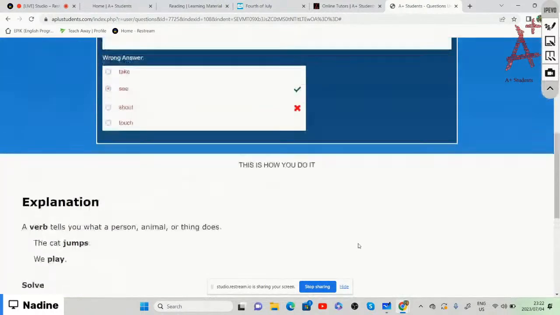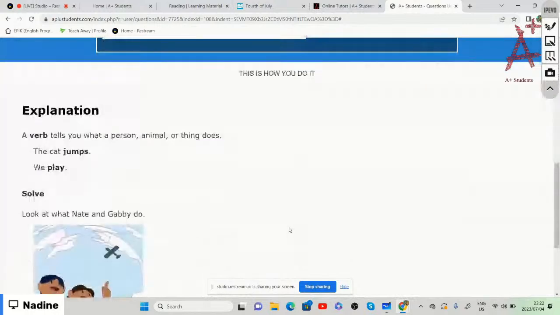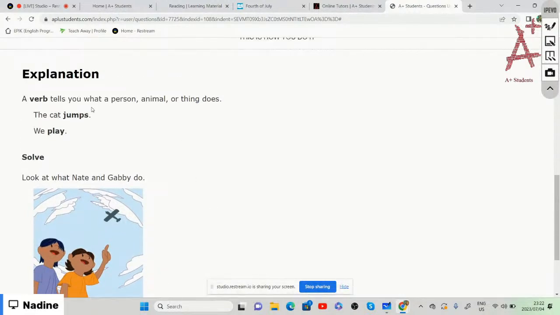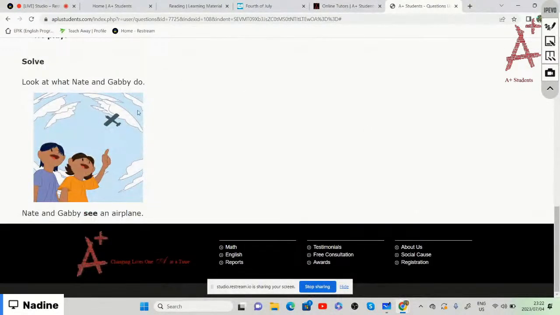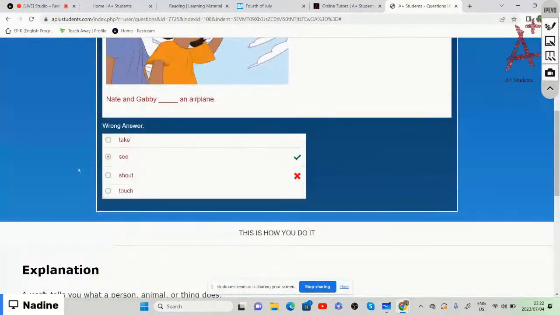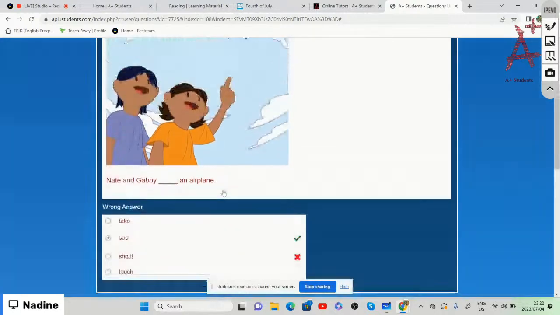So if you get something incorrect, then it will take you back to the tutorial, where it will explain once again that a verb is an action, or it shows what a person, animal, or thing does. And here it's showing us again the picture, which is Nate and Gabby see an airplane, right? So remember, whenever you get something incorrect, it will take you back to the tutorial page and firstly give you an explanation as well as the picture where they showed how they solve it.